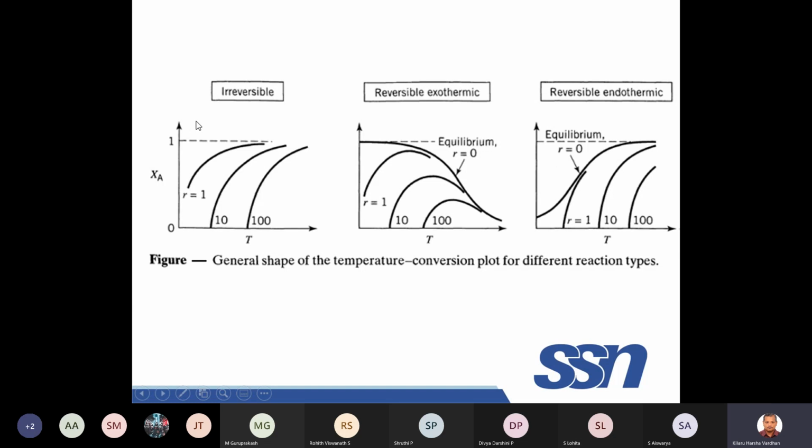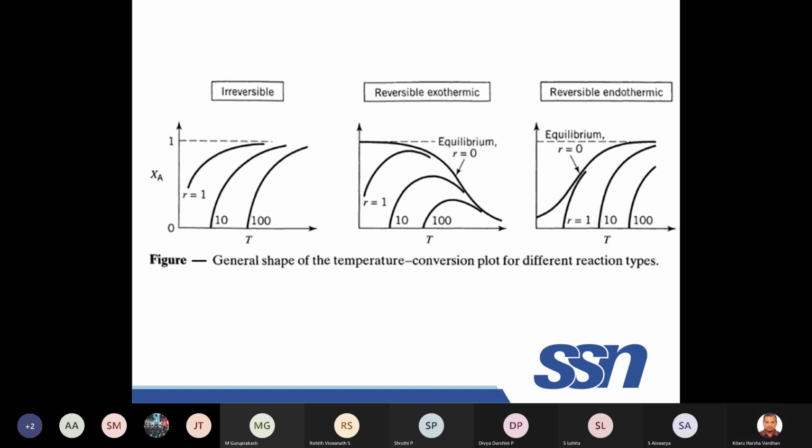Irreversible process is nothing but A giving R. Reversible is A giving R and R giving A. Exothermic means heat is being liberated; when the reaction proceeds, it gives out heat. Endothermic means you need to give heat for the reaction to happen. Understand? So there are four combinations.